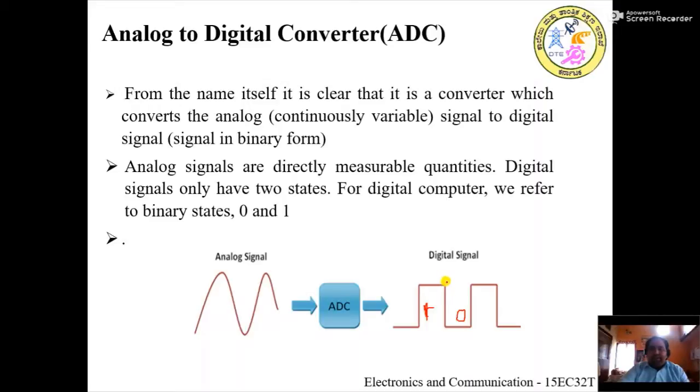The sensor gives an analog signal as an output, whereas the digital display accepts only a digital signal as an input. So to drive the digital display, we need a proper form of input to it. In such cases, we expect a converter. That converter should convert an analog signal into a digital signal.